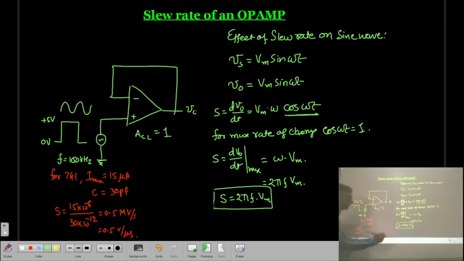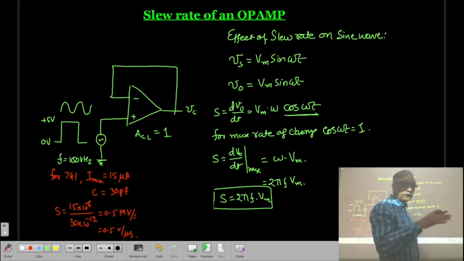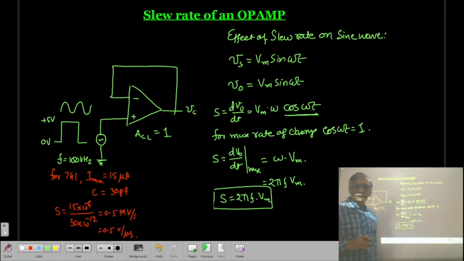Now from this, we can find out for which frequency the signal will be distorted. Because here we have seen in a square wave that as we increase the frequency, the distortion goes on increasing. And at a particular frequency, the square wave is converted into a triangle wave. So that maximum frequency you can calculate in this way.